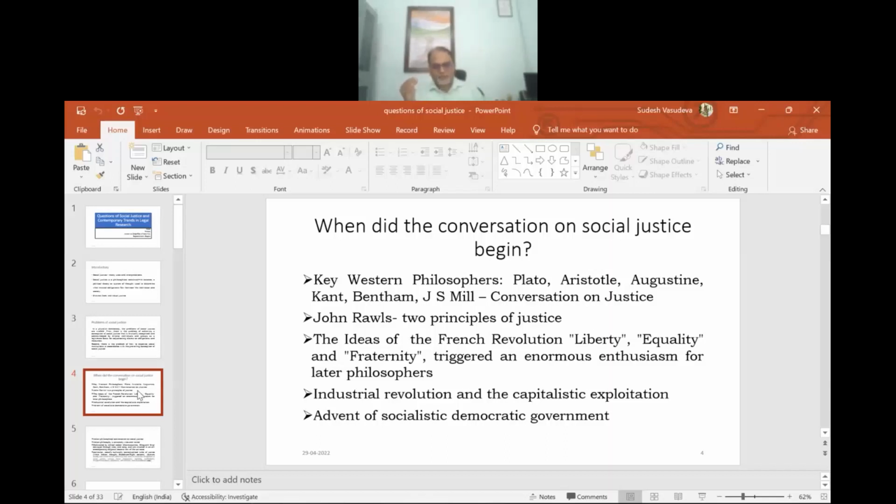Most importantly, the industrial revolution, after the French Revolution, this idea of liberty, equality, fraternity gave birth to many socialistic democratic governments. So with the establishment of socialistic democratic governments at different parts of the universe, the gradual withdrawal of the colonial master gave rise to institutionalizing the concept of social justice.